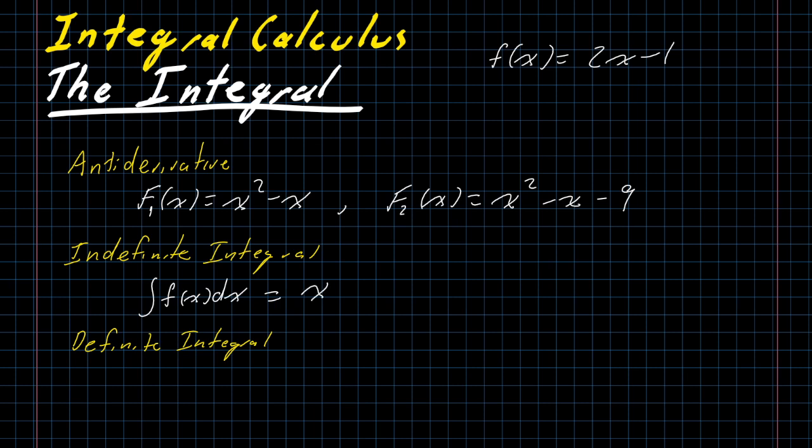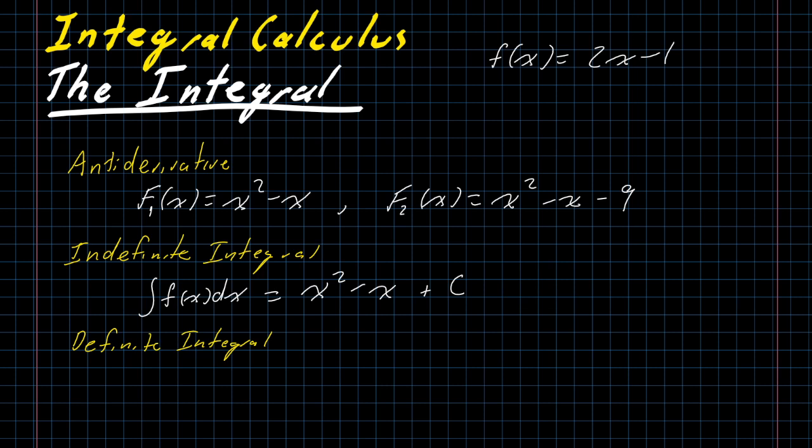In this case, it would be x squared minus x plus some arbitrary constant of integration. If I pick c equals 0, I get big F1. If I pick c equals negative 9, I get big F2. If I pick something else, I'll get a different antiderivative.